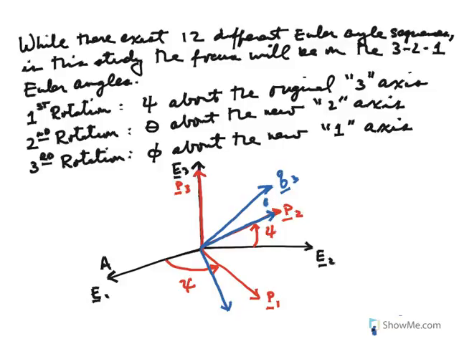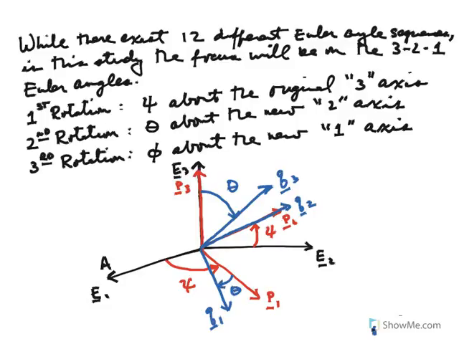I have to give myself enough room here, so let's draw this a little bit differently. Let's move P2 over here, so I give myself enough room to be able to draw Q2. So this direction right here is Q2, and then that makes this direction down here Q1. Now the second rotation is by the angle theta.